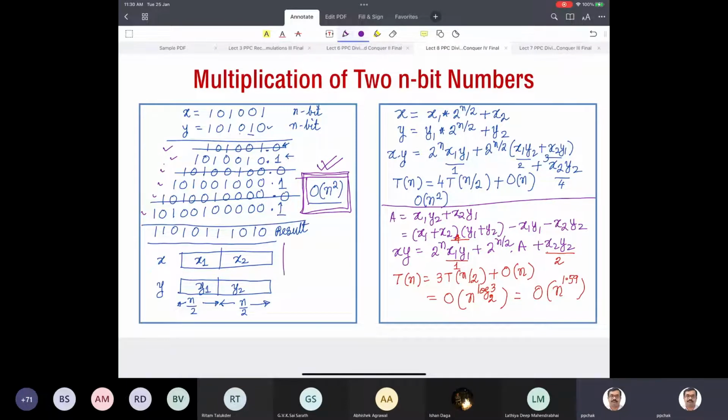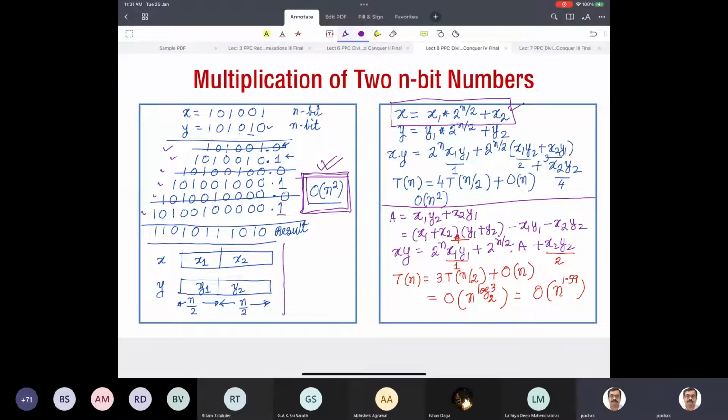Now let us break it up into two parts, x1, x2, y1, y2. X can be written as x1 into 2 to the power n by 2, which is actually padding it up with n by 2 zeros, and x2.